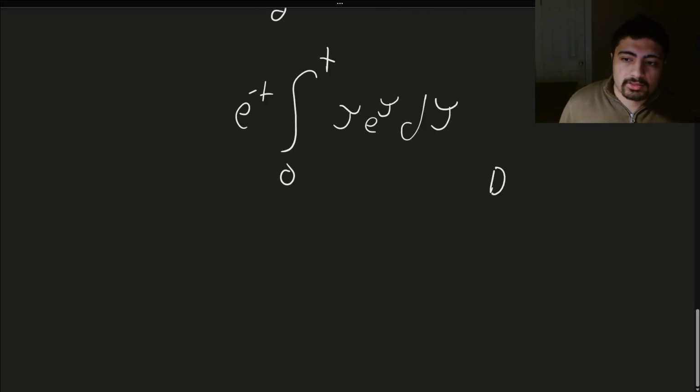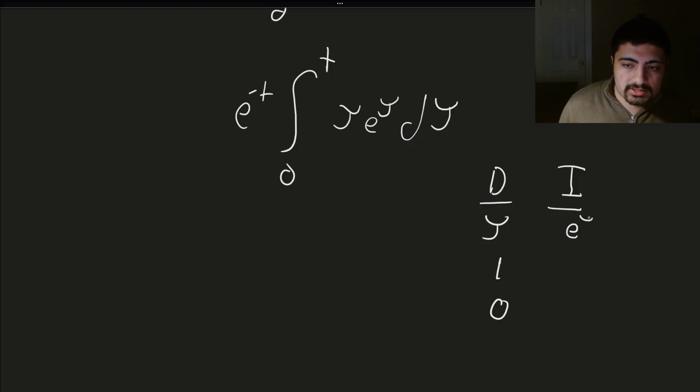Well, the method I use is the DI method. Okay, so you're going to put the one that derives and vanishes first. So tau, 1, 0, and the integral will be e to the tau, and e to the tau, and e to the tau, because e to the tau will always be giving you e to the tau.